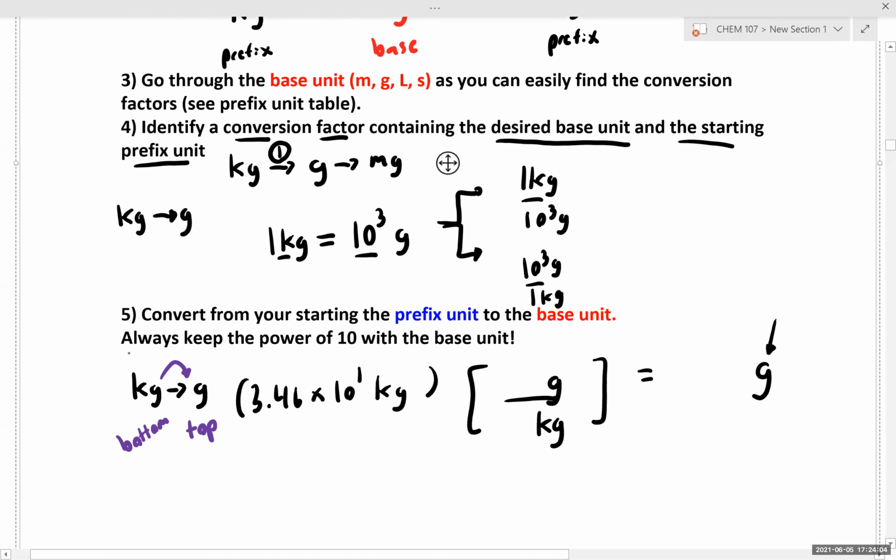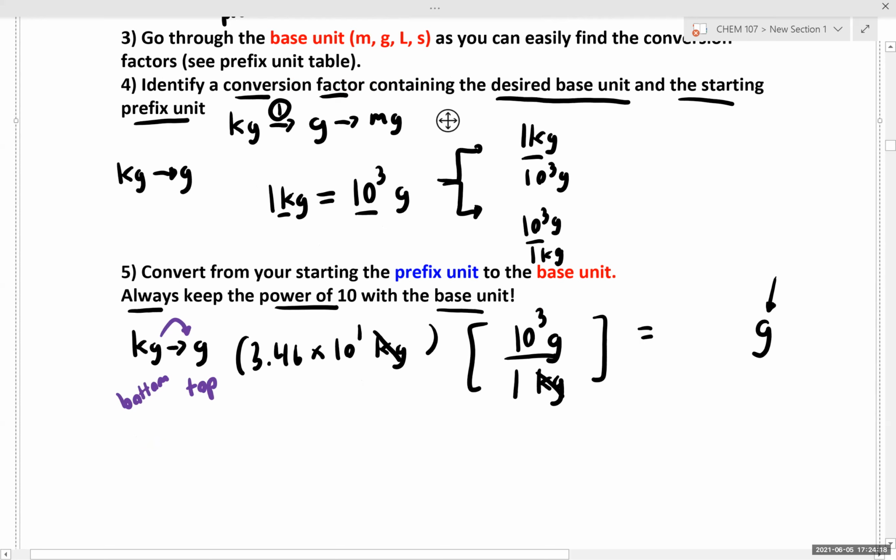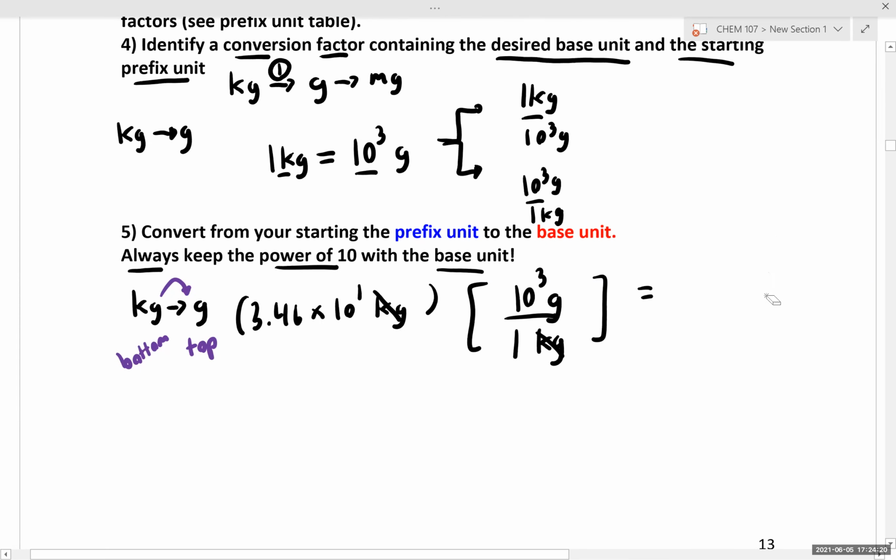Make sure that you always keep the power of 10 with the base unit, and now all we have to do is fill in the blank. We know that there are 10 to the third gram per every 1 kilogram. Kilograms cancel, and what we're left with is 3.46 times 10 to the first times 10 to the third gram.